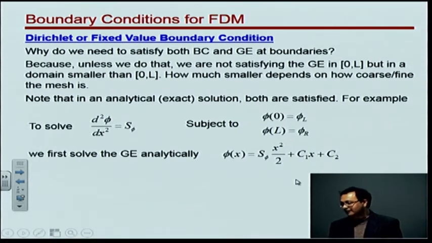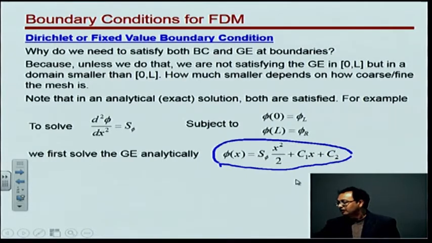And then second step, we integrate again, it becomes s phi times x squared over 2 plus c1x plus c2. We have two unknown constants. So this equation here is our alternative form of the governing equation. There is no approximation there in going from here to here. It's exact, right?